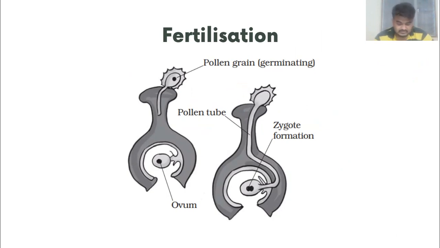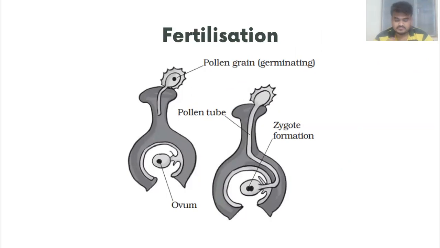The process of fusion of male and female gametes to form a zygote is called fertilization. So it's very simple: after the fusion of male and female gametes, we get a zygote. Zygote is a cell and fertilization is a process. That's the basic difference we have to study.